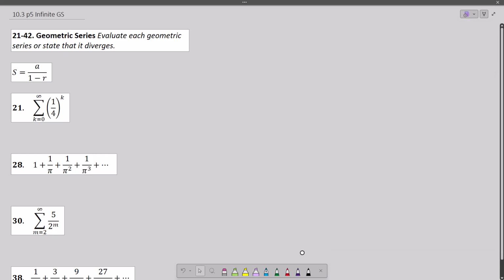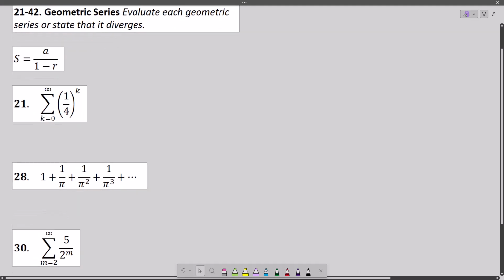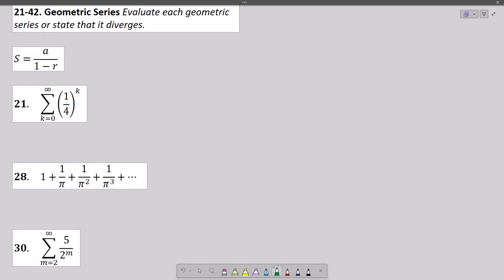Let's look at how much easier it is when the series is actually infinite. It's way easier. Look at our formula. When we take a look at this first one, A is 1, R is 1/4.